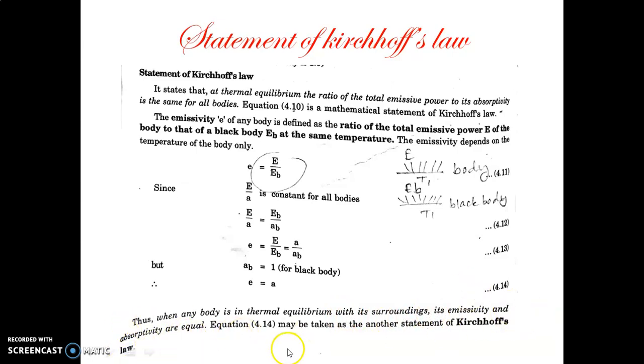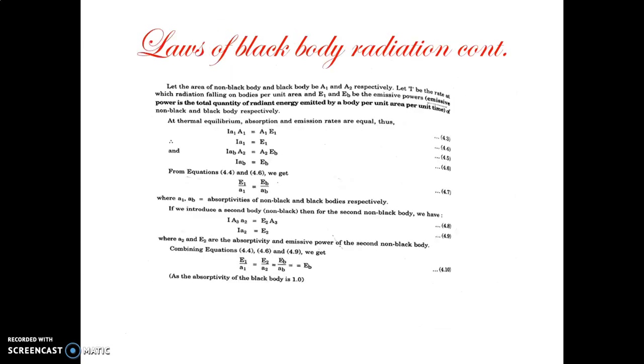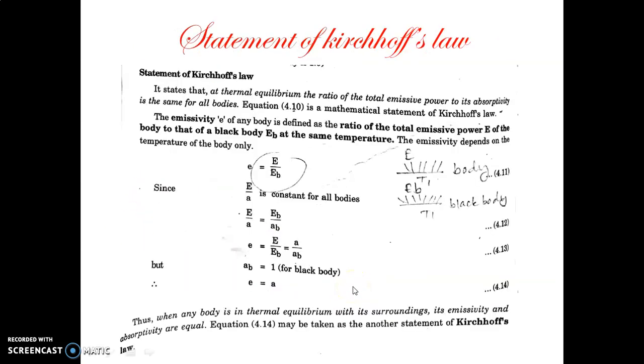This is another statement of Kirchhoff's law. In this way we have derived Kirchhoff's law. We had the first equation, from it we defined emissivity, and putting that value of emissivity into the previous equation, we get e is equal to A.